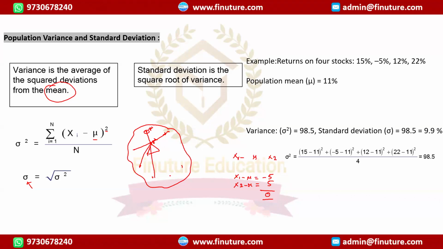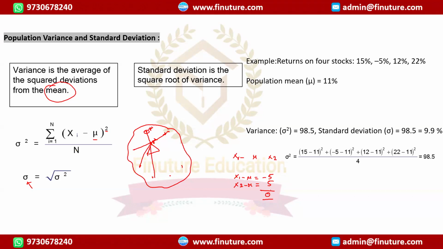One is on the rightmost side and one is on the leftmost side. So that's why we square deviations and then divide by n. And later on, the square root is also taken, because the squaring is only done to ensure that these deviations do not offset each other.